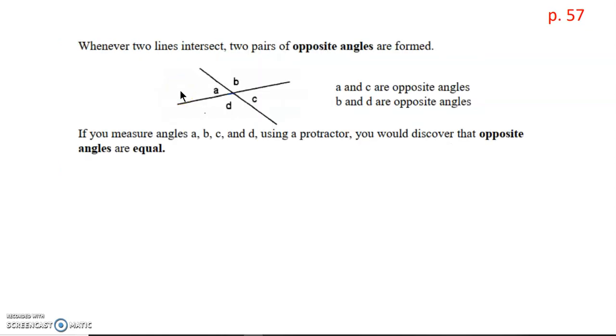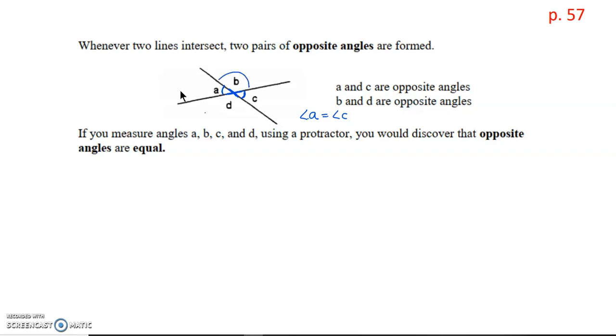Wherever these lines intersect, so here right in the center, we get opposite angles that form. And the really neat thing about opposite angles is they're equal to one another. So A and C are opposite angles, so angle A is equal to angle C. They're the exact same because they're mirror images of one another.